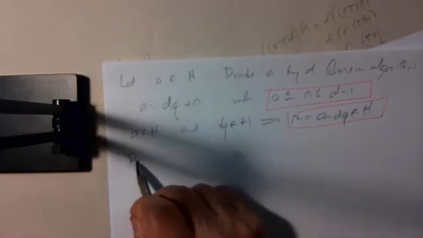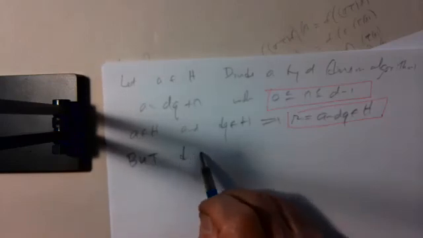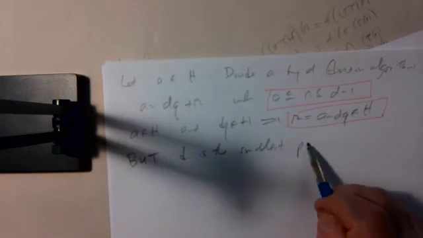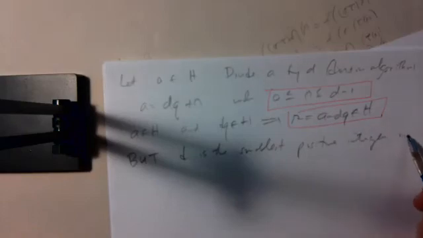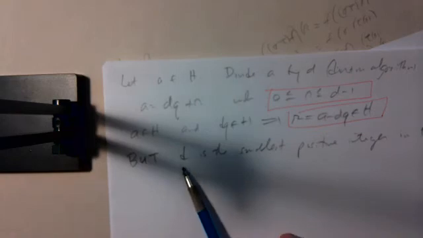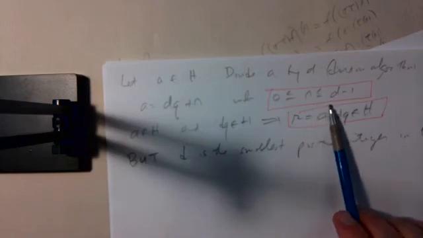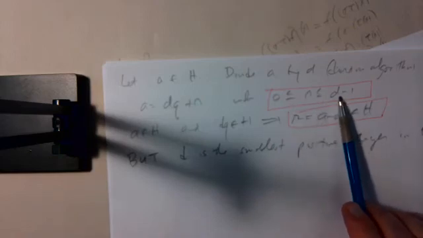We have R is in H, and R is between 0 and D minus 1. But D is the smallest positive integer in H. That's how we chose D. We applied the minimum principle to find the smallest positive number in H. And R is also in H, and R is between 0 and D minus 1.